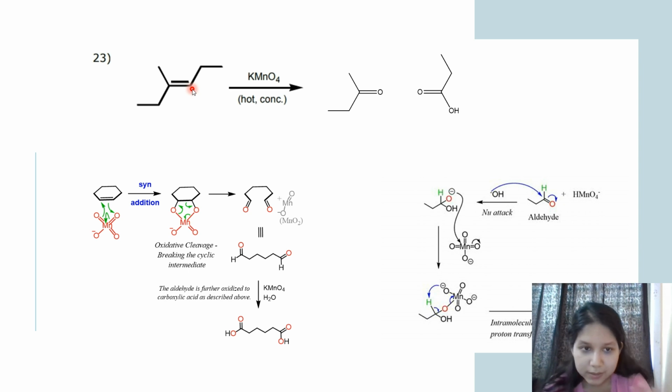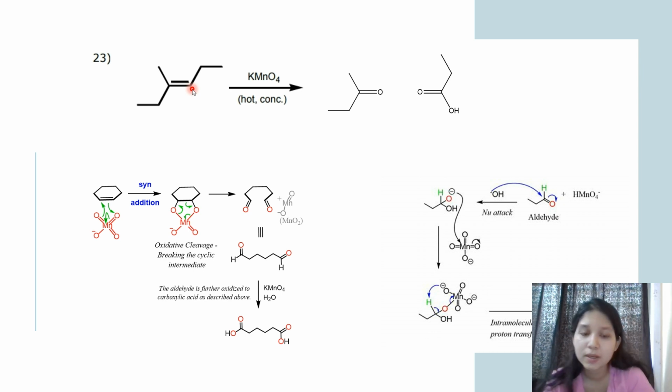Okay, till this one, I hope it is clear. You have now a ketone and an aldehyde. But what happens in case of hot and concentrated KMnO4? More molecules of potassium permanganate will get associated in the reaction, and it will further oxidize the aldehyde formed into its acidic form.